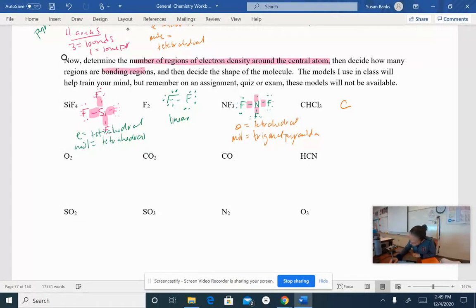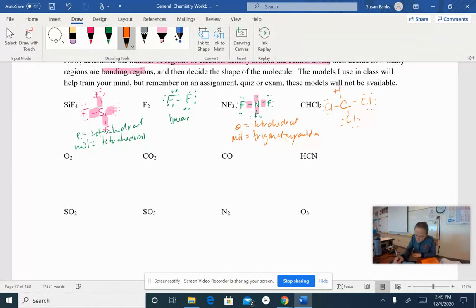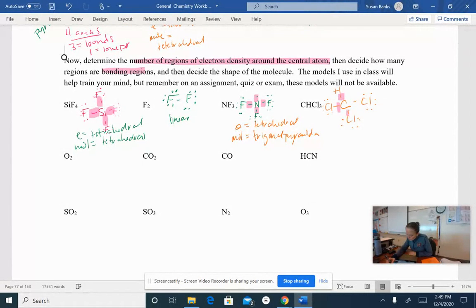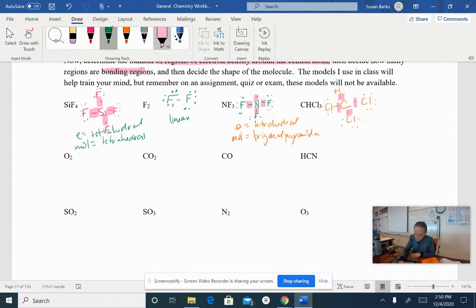I've got carbon, hydrogen, and 3 chlorines. All right, let's look at that center atom of carbon. How many areas do I have? I've got 1, 2, 3, 4, and they are all bonding. Haven't we seen that a couple times? We have. So if I have 4 areas and they're all bonding, do you guys remember what it is?